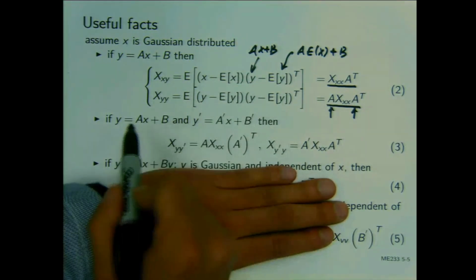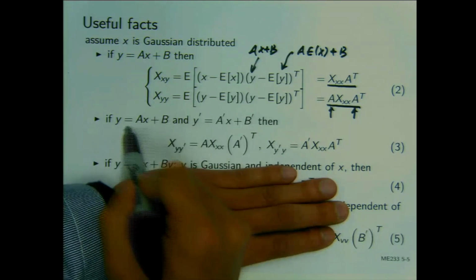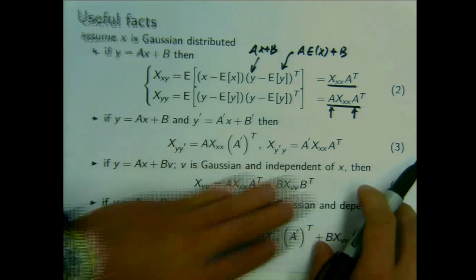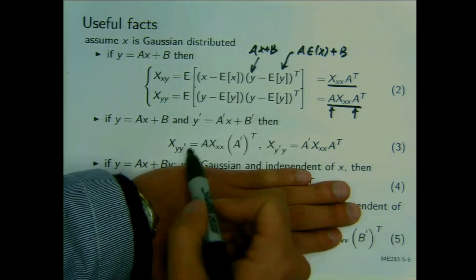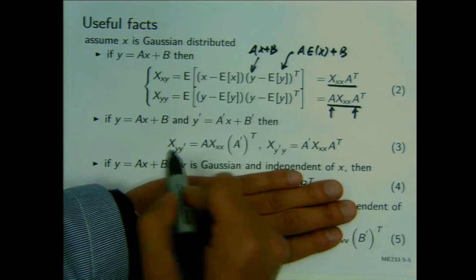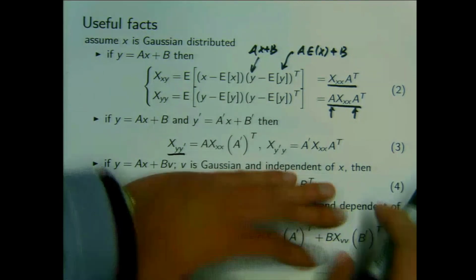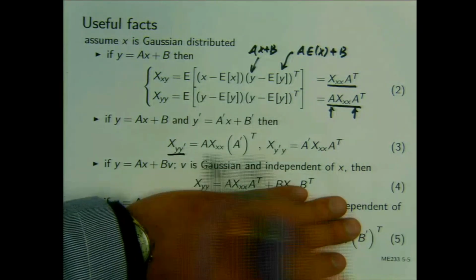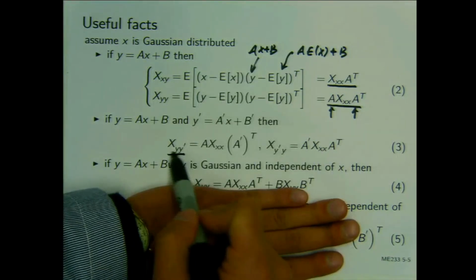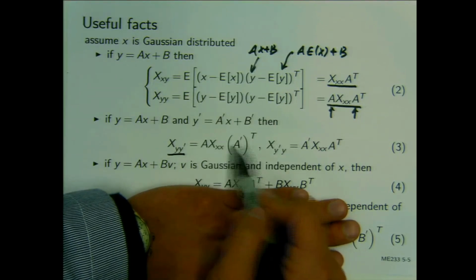Then the second result. Now, suppose we have two measurements, one using y and another using y prime. We might be interested in knowing how these two measurements are related to each other. First of all, the cross covariance is going to be, and very soon I want you to be able to write down these results without looking at the definitions, A times the covariance of x times A prime transpose.